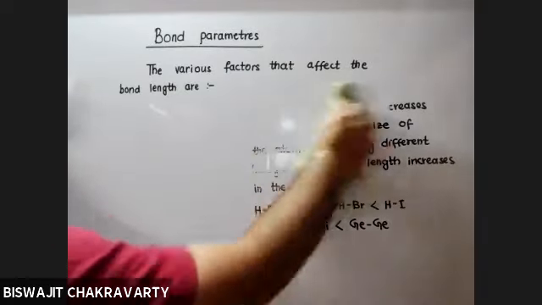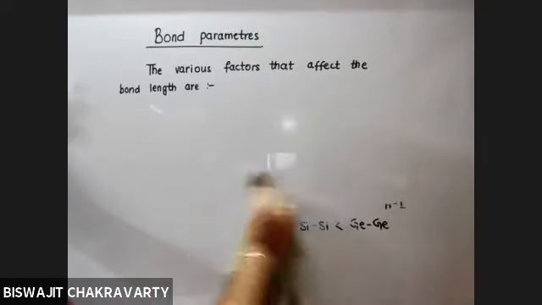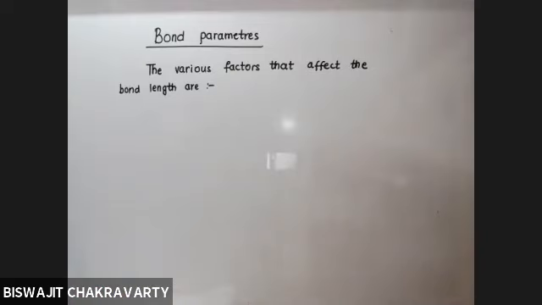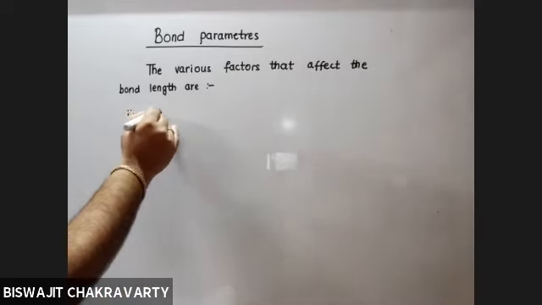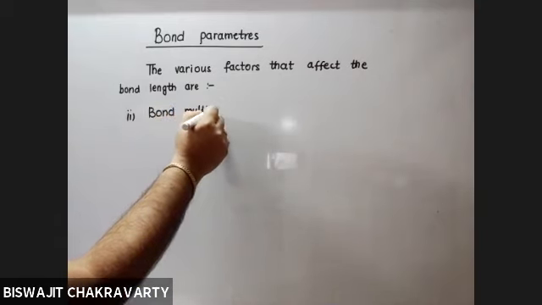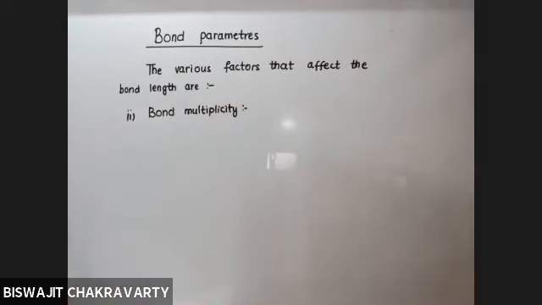The second factor on which the bond length depends is called bond multiplicity. What do you mean by the term bond multiplicity?